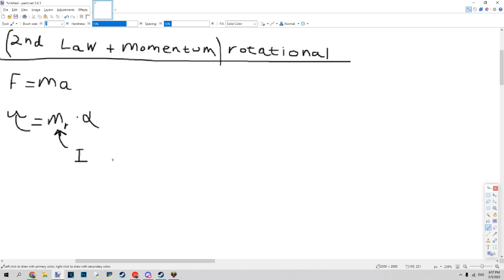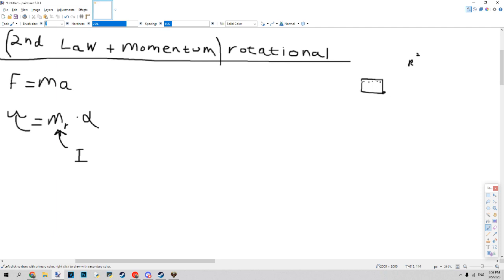What it really is is the sum of the products of the mass of each particle within a body. Say you have a square, it would be the sum of the mass of each particle inside the square, multiplied by the squared distance from the axis of rotation.